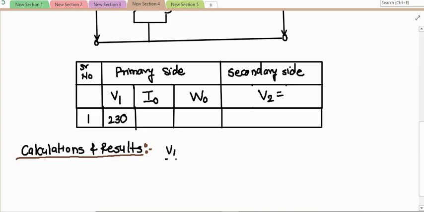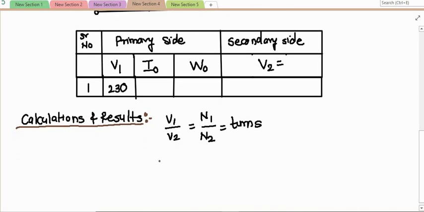Students, we know that V1 upon V2 is equal to N1 upon N2, and N1 upon N2 is nothing but the turns ratio. So as you have recorded the voltage across secondary, the ratio of your voltmeter readings V1 by V2 will give you the turns ratio accurately.